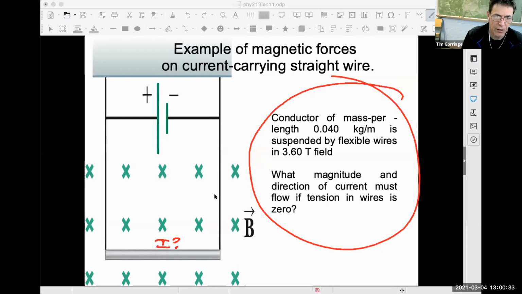There's a particular current size, current direction, that actually is equal and opposite gravity's pull on that conductor. And when that current produces a magnetic force equal and opposite to gravity's pull, that wire is going to float. And that's the situation that we're thinking about. The wire is kind of floating there. There's no tension needed in the left-right cables, left-right wires. So that's the situation.